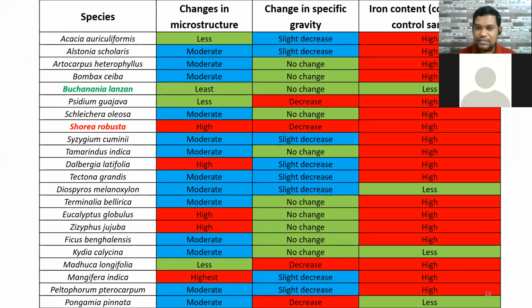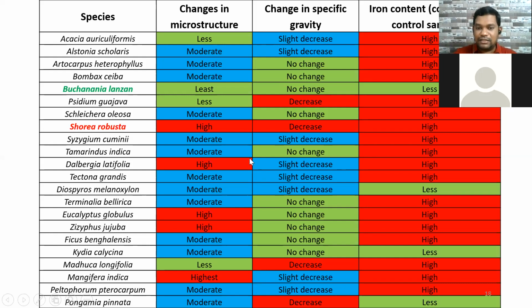Specific gravity is associated with the density of the wood, and I took it as a physical parameter because when you compare the vessels, the fibers or the parenchyma, more fibers lead to denser wood, and more vessels and more parenchyma reduce the specific gravity. So according to the quantitative parameter changes, the specific gravity correlated differently. So I considered these three parameters for all the 22 species.